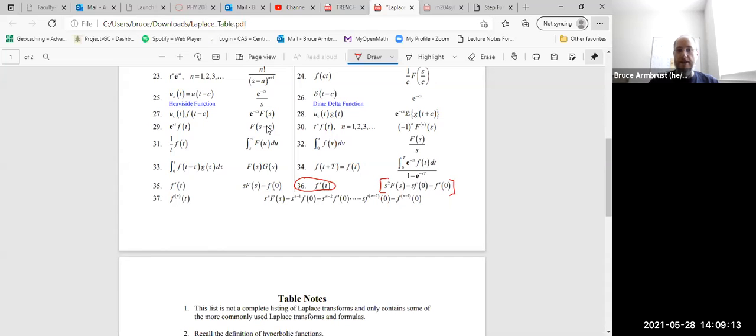Now, notice it still has the f of 0, okay, well, an f prime of 0. So that's going to be y of 0 and y prime of 0. But then it's got this big F of s, and that notation, this bit right here, that's the Laplace transform of f. Okay, that's the notation that we use here when we want the Laplace transform of f. We go to big F of s.